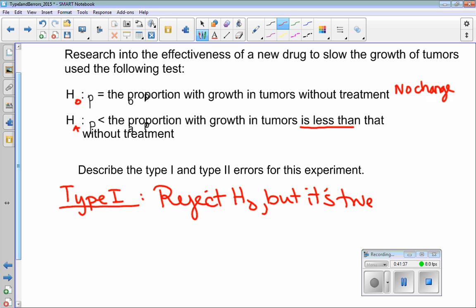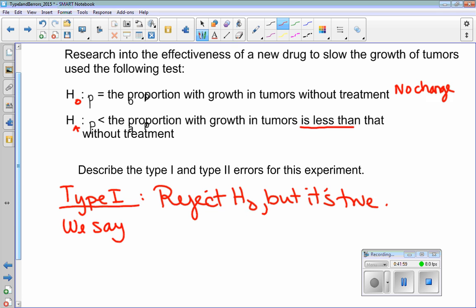So the null hypothesis in this case says there's no change. So we say the drug is effective. We reject the null. We said it's effective, but it's not. Do you see what I'm saying? So this would be in the context of the problem.